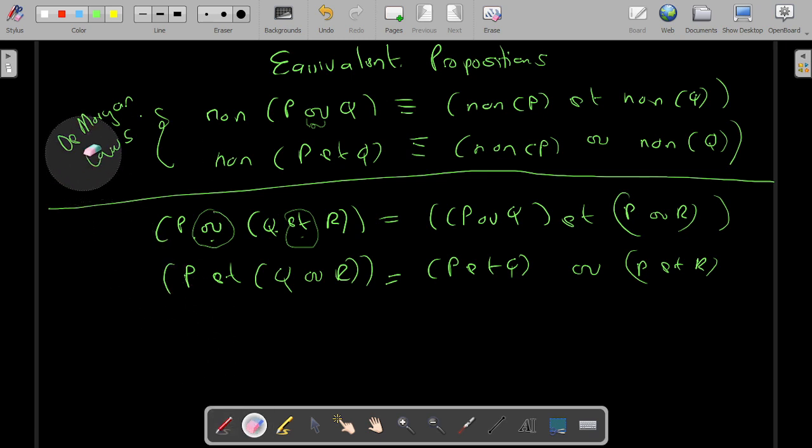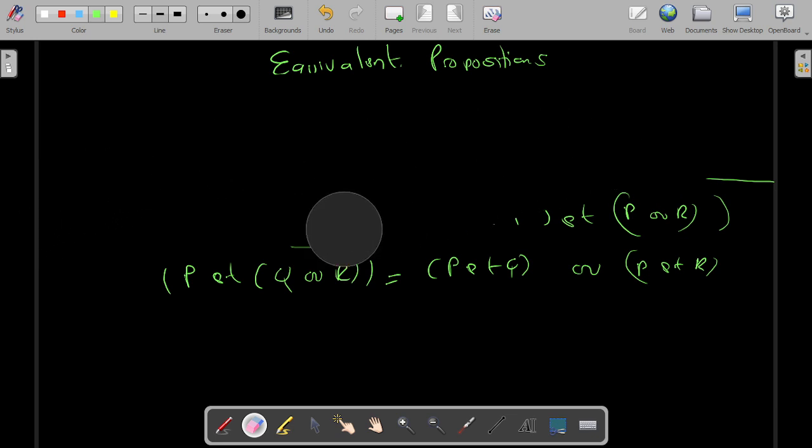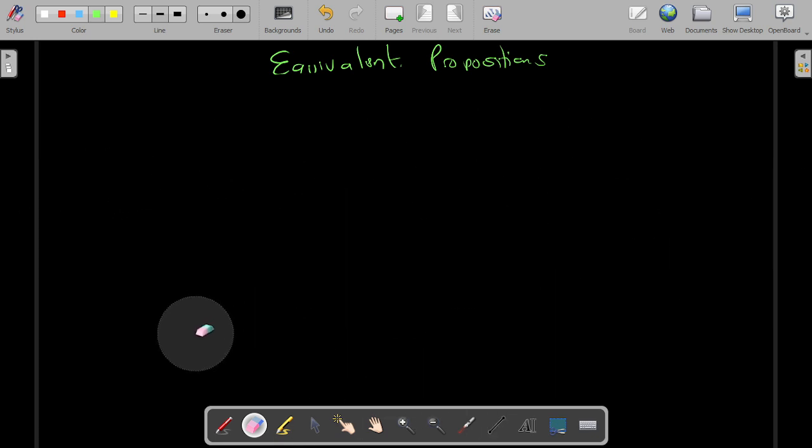So I'm going to erase the De Morgan laws and the distributivity properties. Let me just get rid of these. All right. So the property I want you, in addition to what we've discussed, to remember is this.